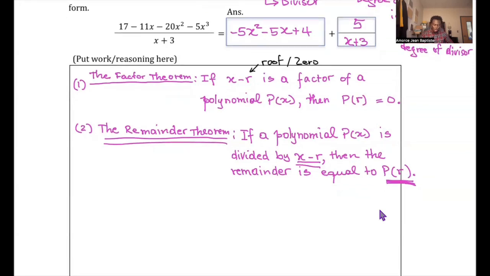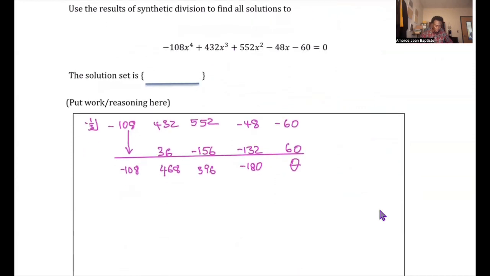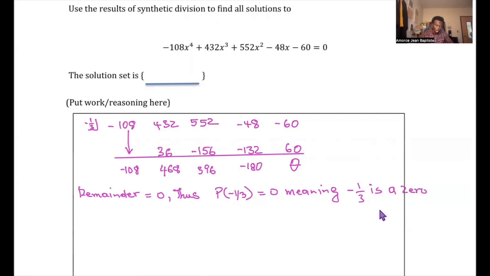Thus the remainder is 0, so you know that p of negative 1/3 is 0, meaning negative 1/3 is a zero, or root, of the polynomial p.